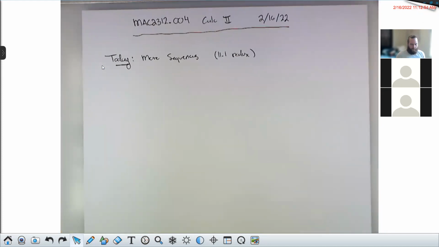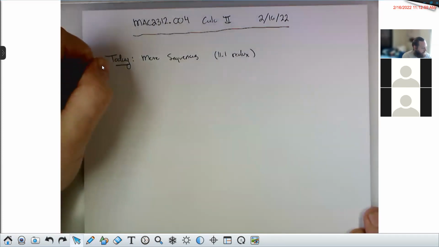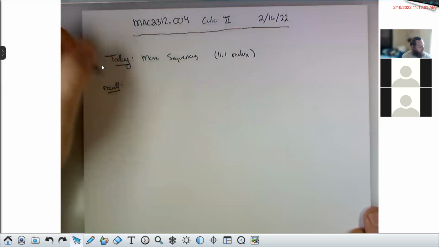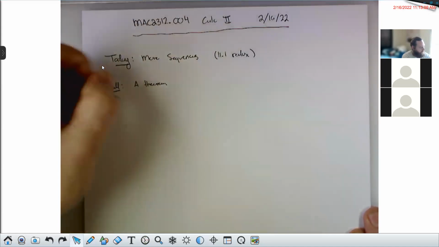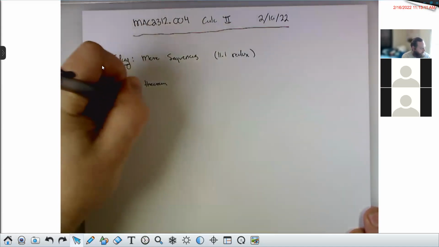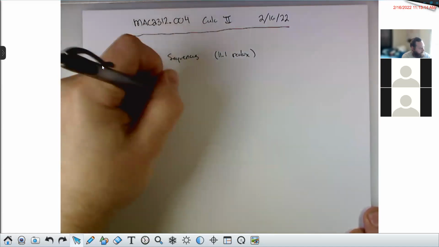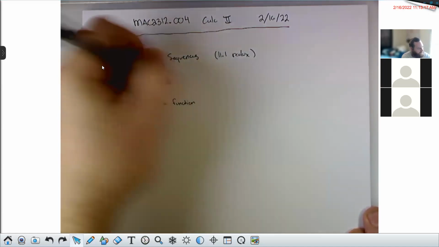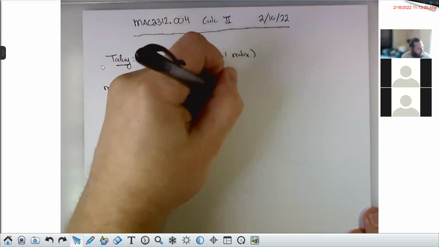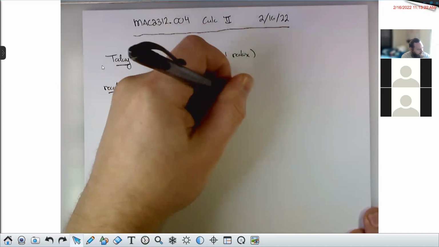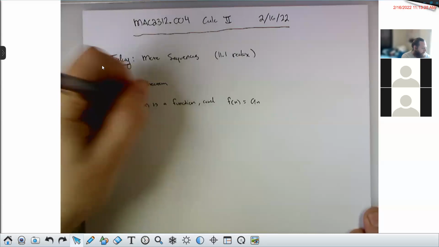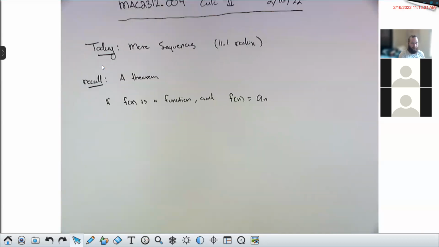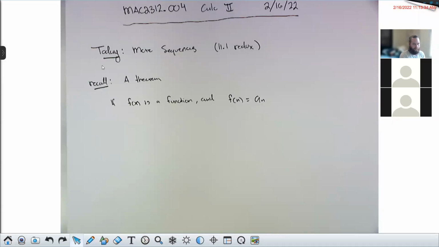I mentioned that the primary tool here, we have this theorem, namely that if f of x is a function, and when you plug in n, you get a_n, meaning if you swap the variable from x to n, that function becomes your sequence.